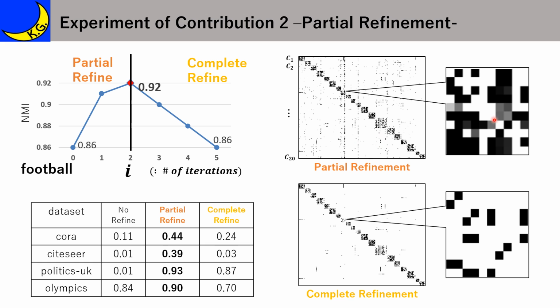Compared to the perfectly refined similarity matrix below, the partially refined similarity matrix shows that each diagonal block is denser and the sizes of all blocks are almost the same. Therefore, the partial refinement with the high silhouette score contributes to the detection of even and separated clusters.